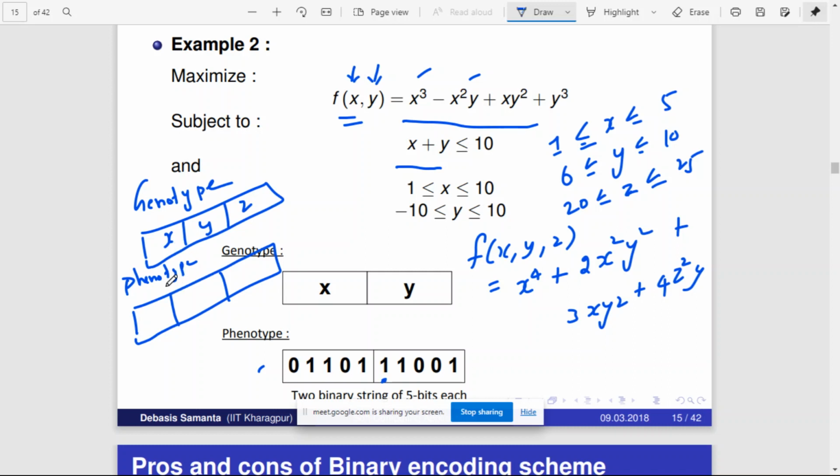So X can take any what value? One also it can take, including, right? 1 is less than or equal to X. Okay, so give one example for X. Tell some value for X, Y and Z which will satisfy these constraints.